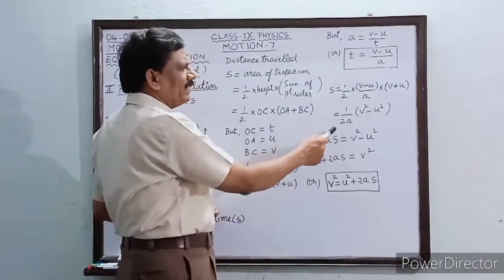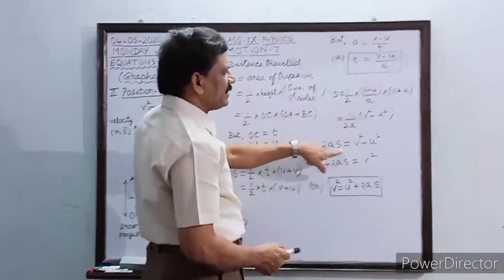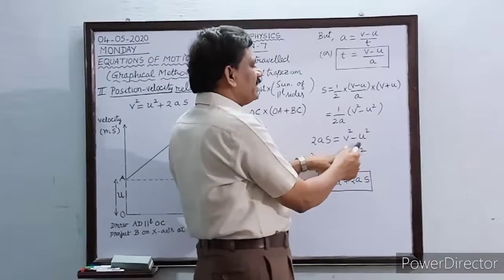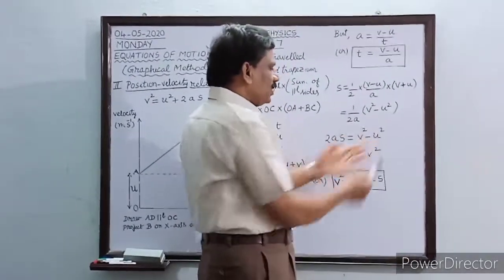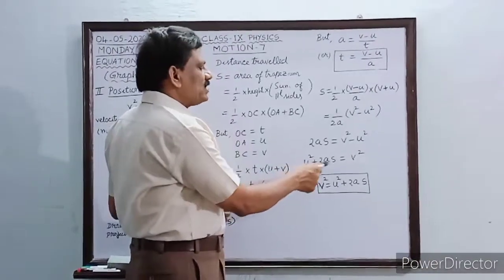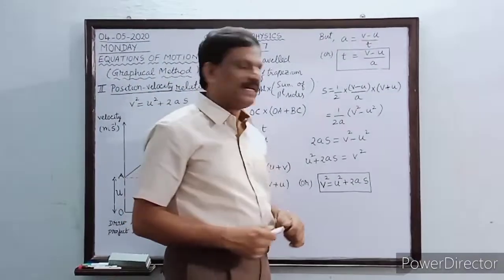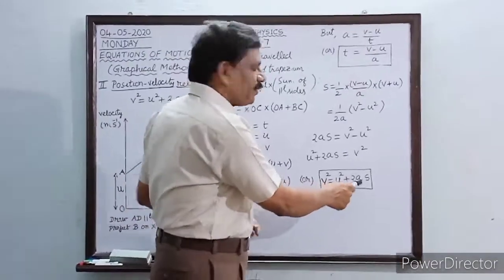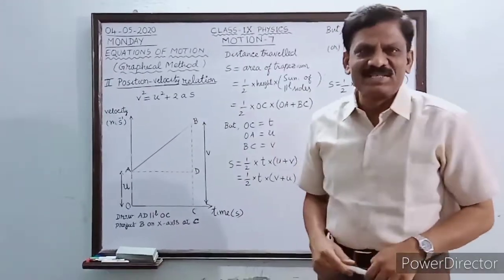Cross multiplying, the left hand side becomes 2a into s, and the right hand side is equal to what? v square minus u square. Then bring this minus u square to the left hand side, it will become what? Plus u square. So u square plus 2as is equal to v square, and rearranging this, what we can get? v square is equal to u square plus 2as. Is it easy? Have you understood?